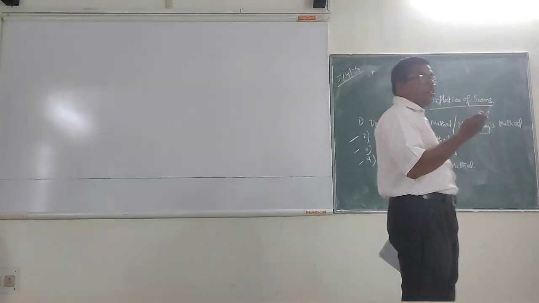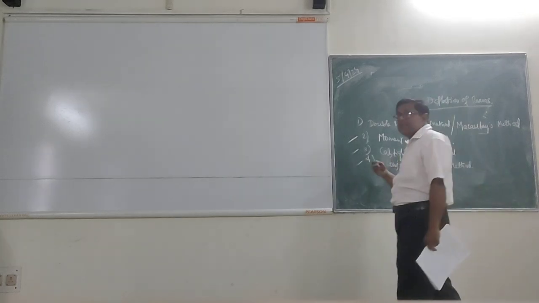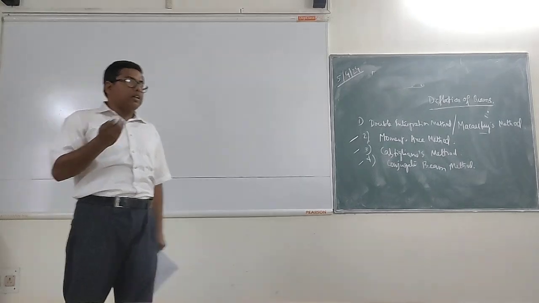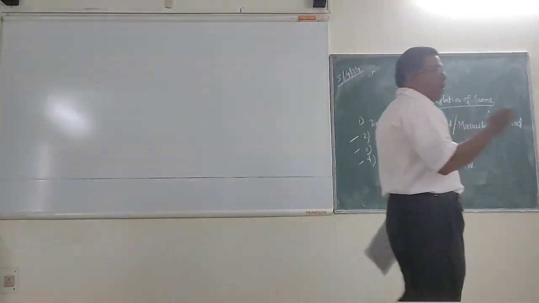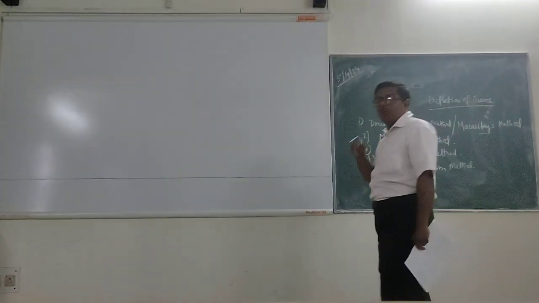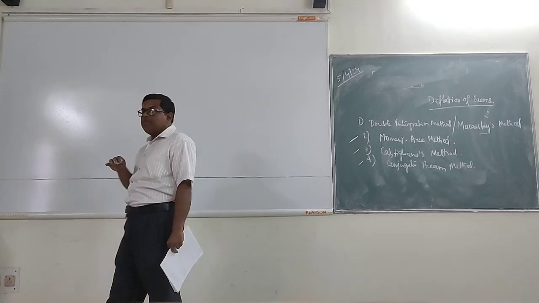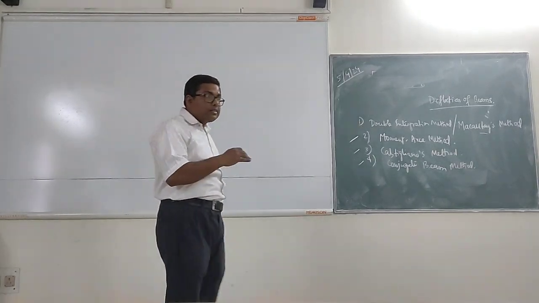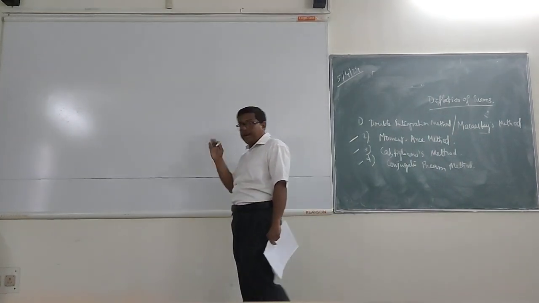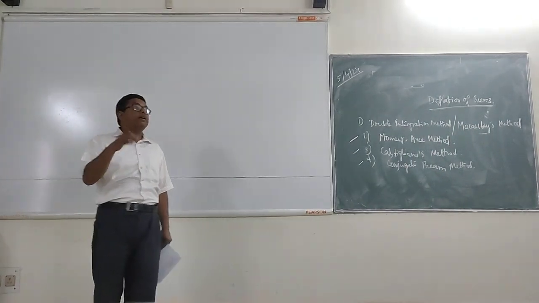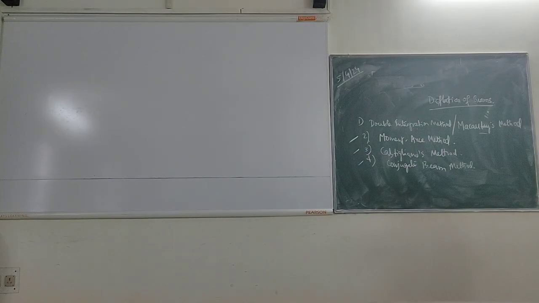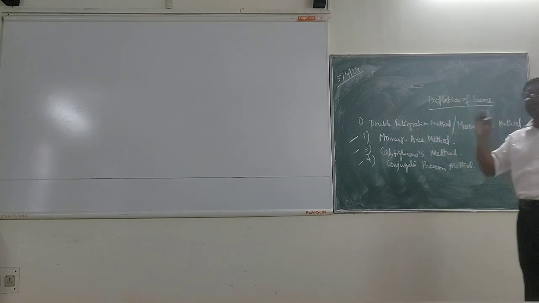in indeterminate structures. What is an indeterminate structure? An indeterminate structure is one which cannot be solved using the simple three equations of statics: summation of Fx equal to 0, summation of Fy equal to 0, and summation of Mz equal to 0. If you cannot solve the structure using the simple equations of statics, then you require more equations, and the additional equations come from a condition called the compatibility condition. That compatibility condition basically relates to the deflection of the structure.